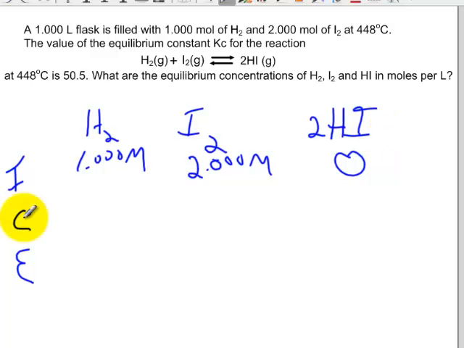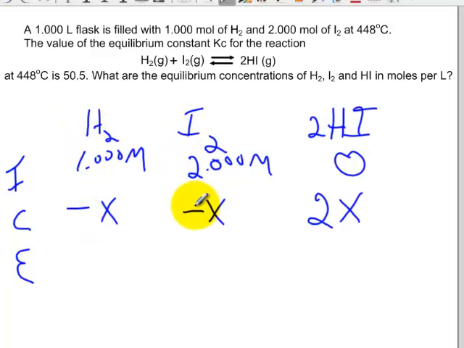So the first thing we know about this reaction is that the first thing that's going to happen is the forward reaction. There can't be any reverse reaction at the beginning because there isn't any product. So we know we're heading from reactants to product. We also know, once again, the stoichiometry of the equation. So while we don't know how much HI is going to get formed, we're going to call how much HI is changing, how much is getting formed, X. We do know it's going to be twice the amount of I2 and H2 that are getting lost.